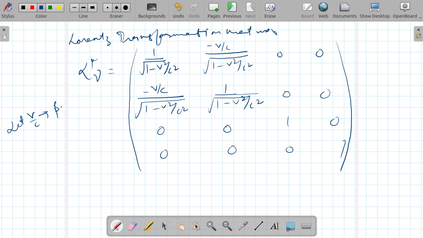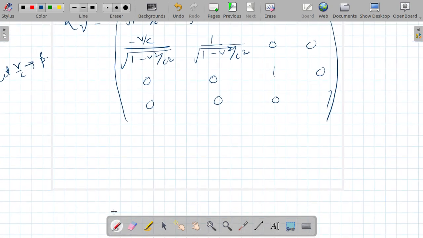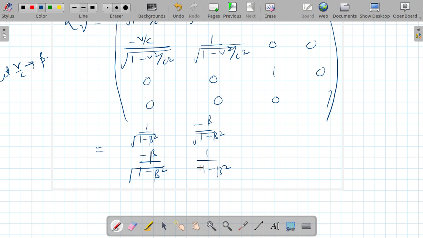So if I use this, then this equation can also be written as 1 over 1 minus beta square under the root, minus beta over 1 minus beta square under the root, and minus beta over 1 minus beta square under the root, and 1 over 1 minus beta square under the root.